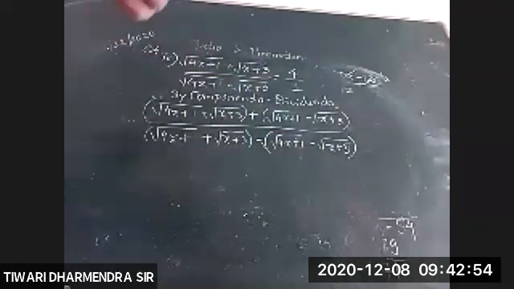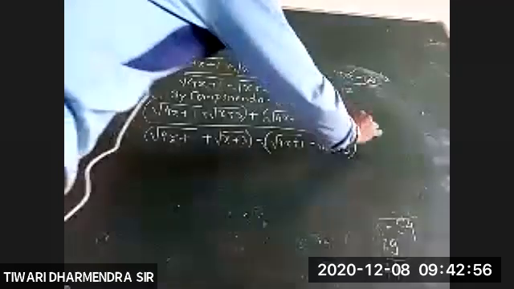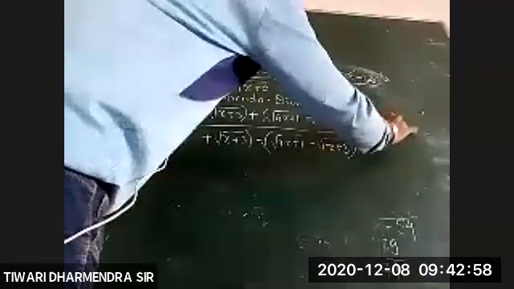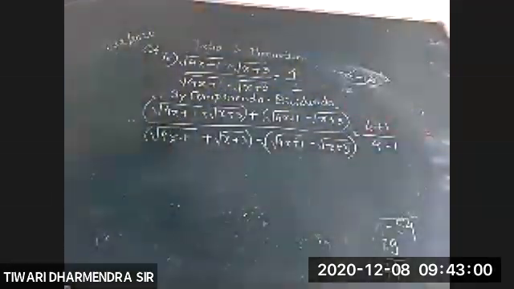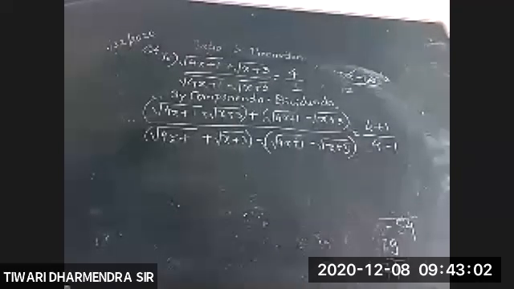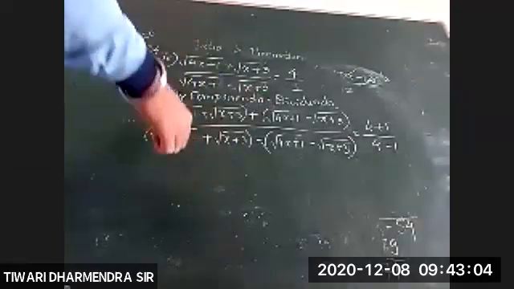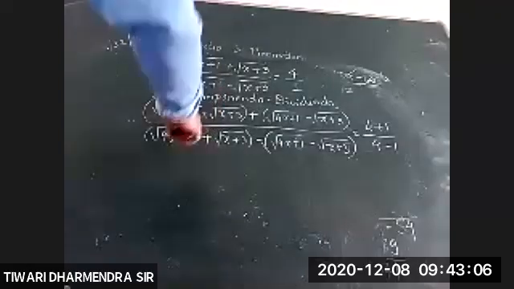Whatever you have applied on left hand side, you apply same thing on right hand side. What you will be getting 4 plus 1 upon 4 minus 1. Hope step is clear to you. After that, open the bracket and cancel the term with opposite sign.